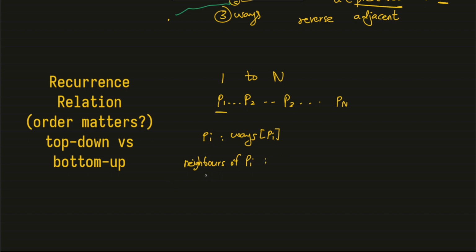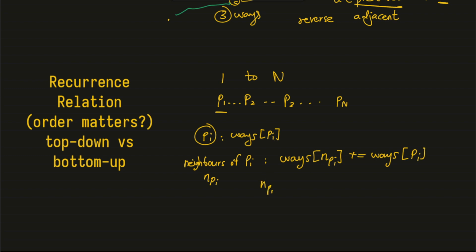Let's say n of pi is the ith neighbor of this node. So ways to arrive at any neighbor of pi would be incremented, not exactly a summation, but it would be incremented by the number of ways to arrive at pi.